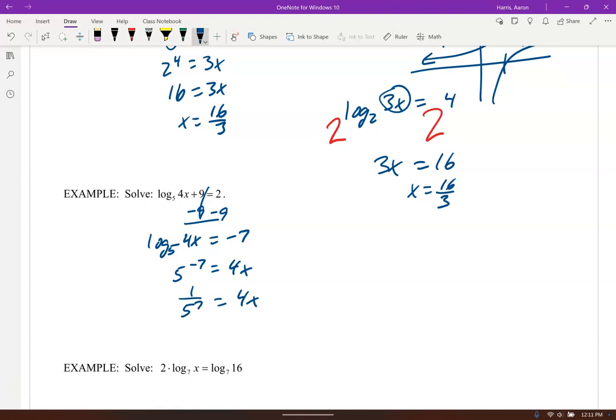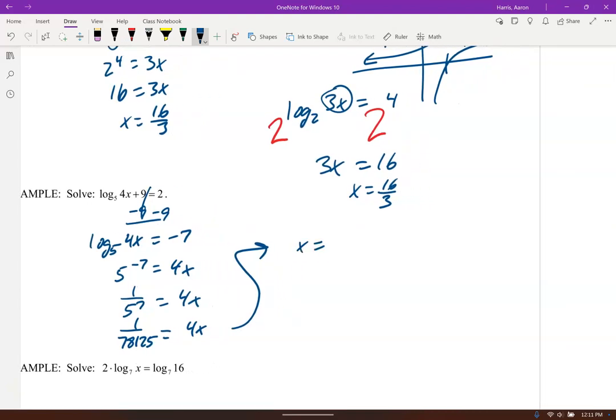I'm not sure what 5 to the 7th is. 78,125. And then we'll divide by 4.